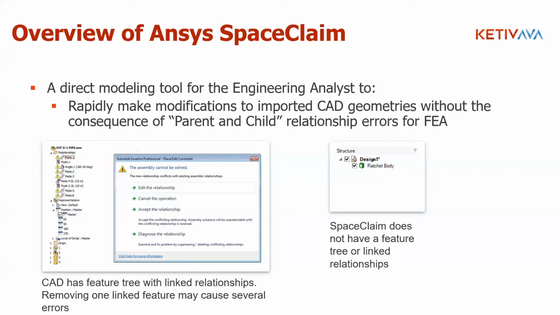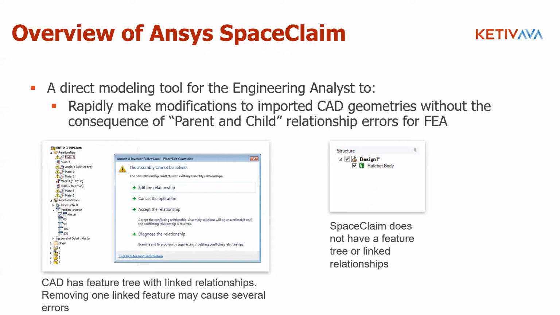So on the left side, you could see an error message from somebody that took a CAD file and went into their feature tree and made a change, which broke a link somewhere. Or rather, they made it in the bottom of their feature tree. And it broke a link and it's causing an error. And usually when I run into these types of errors when I'm using CAD software, I have to close it down because I don't want that error to exist, and I have to reopen it and observe and break the links properly to make changes.